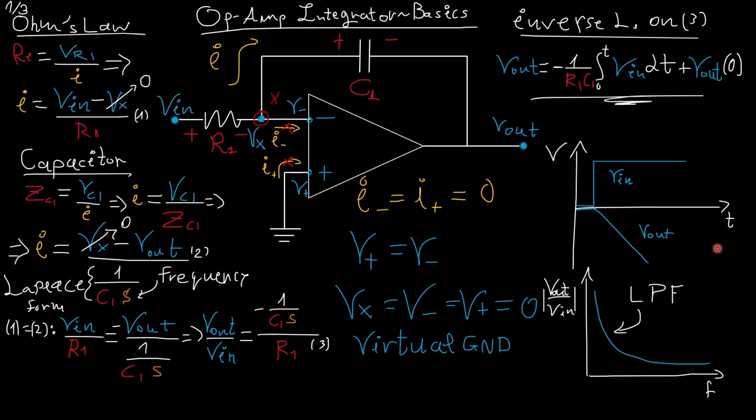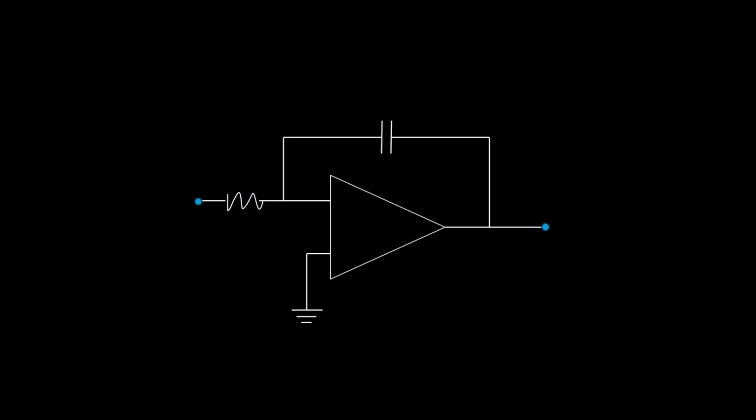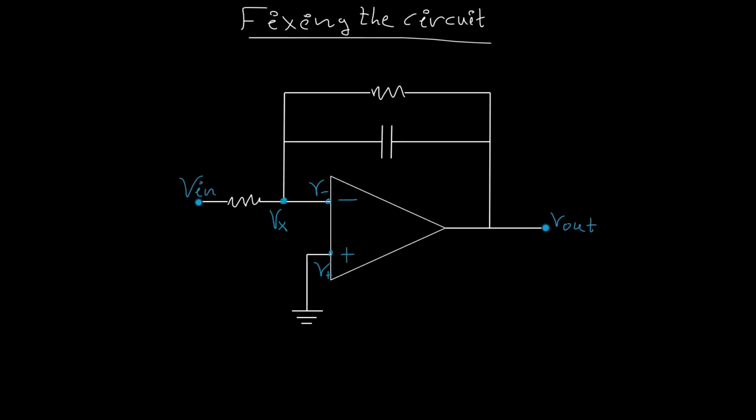Now, we still have this issue here, and we're going to fix it in a very simple way. I'm going to add a resistor here in parallel to this capacitor. The voltages stay the same here.